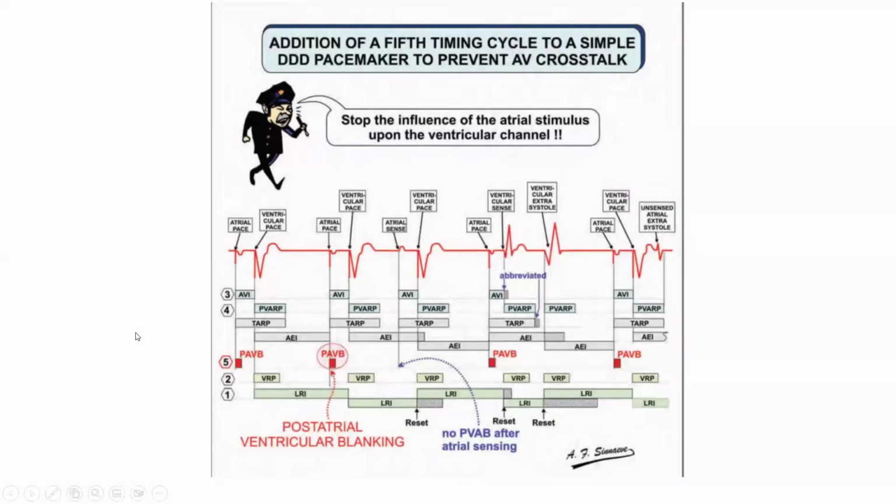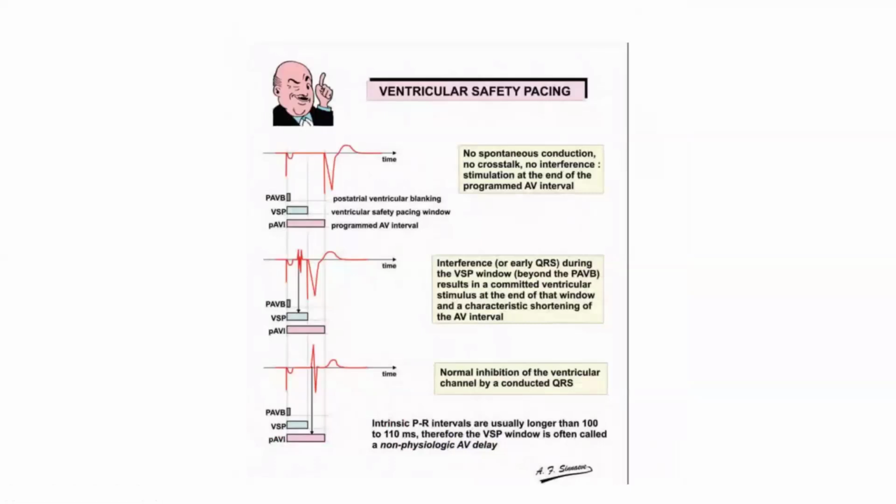So this is an example. I see the fifth interval, the post-atrial ventricular blanking, occurring only after atrial pacing, not after atrial sensing. And because this crosstalk is very risky and can cause fatal complications, I cannot risk it happening even after I put this interval.